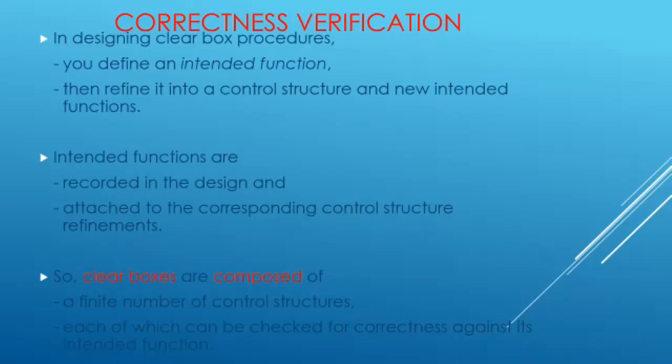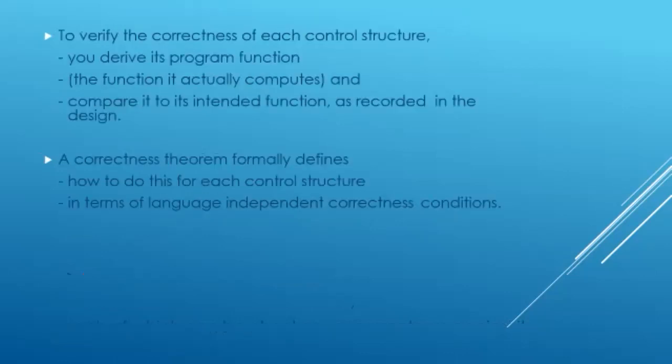So, clear boxes are composed of a finite number of control structures, each of which can be checked for correctness against its intended function. To verify the correctness of each control structure, you derive its program function. A correctness theorem formally defines how to do this for each control structure in terms of language-independent correctness conditions.